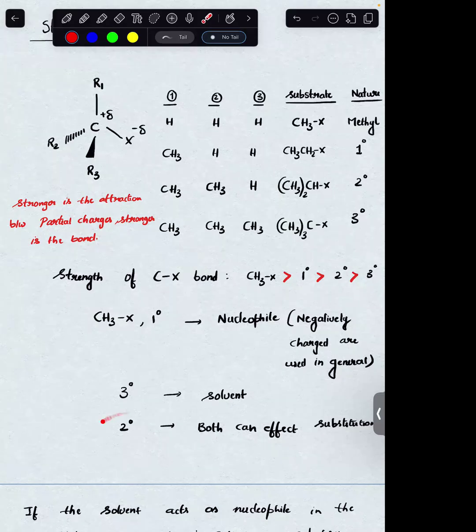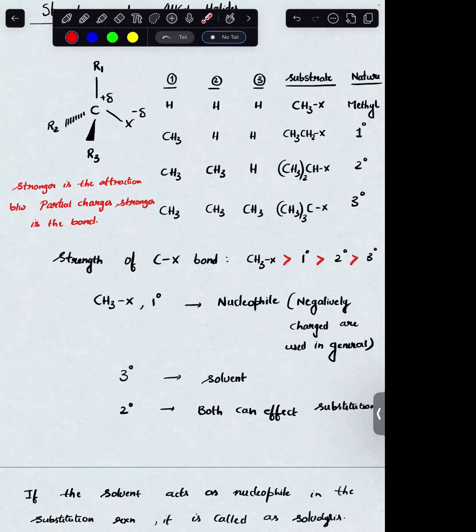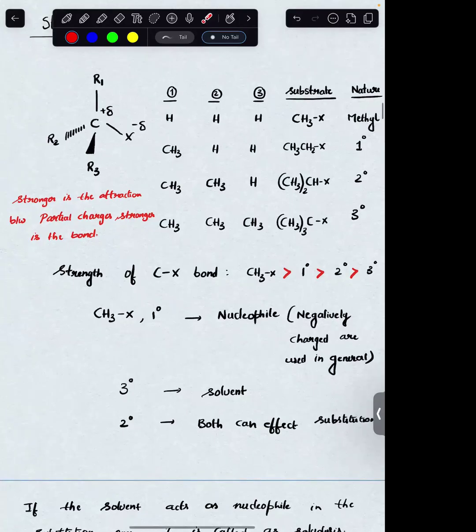If it is 2 degree, both can serve the purpose. If it is negatively charged, obviously it can go and break because it is stronger. If it is neutral also, it can sometimes go and break. It depends. So both can affect the substitution. It depends on what you want to choose. But if it is 3 degree, solvent itself is sufficient.